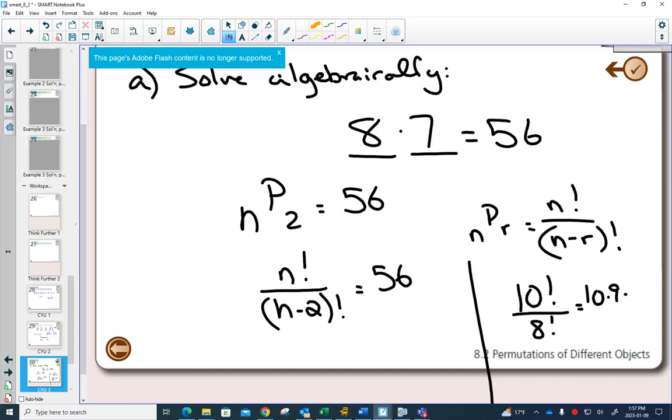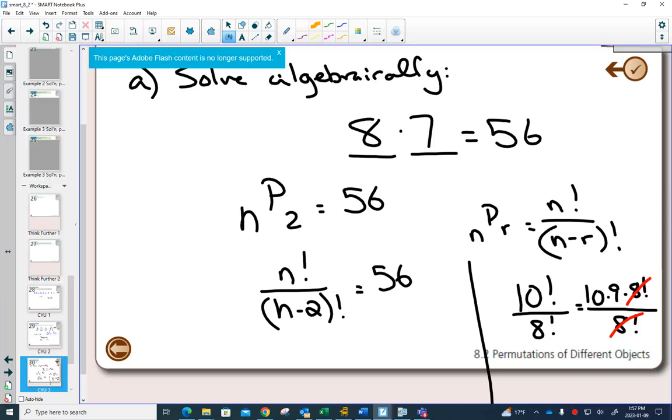But instead of writing them going all the way down to 1, when I get to 8, I'm going to stop and just leave it. Why would it be nice just to leave it? Because 8 factorial would cancel out with the 8 factorial on the bottom, and I'm just left with 10 times 9.